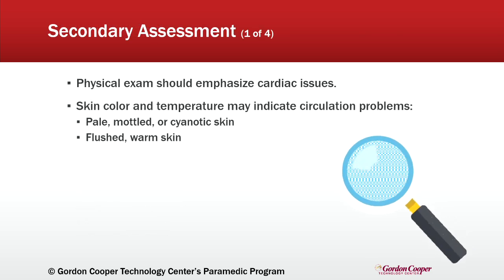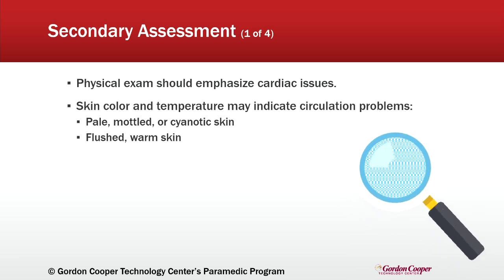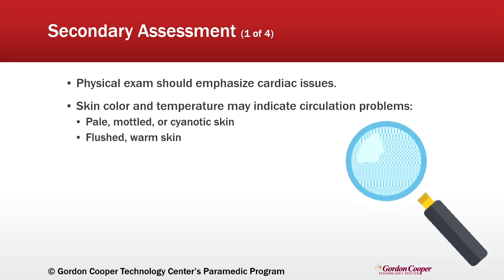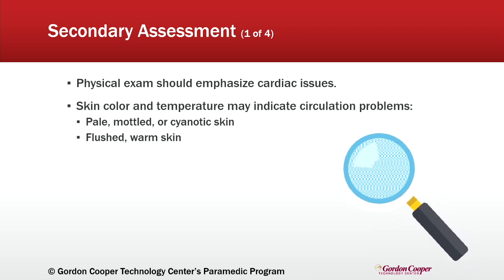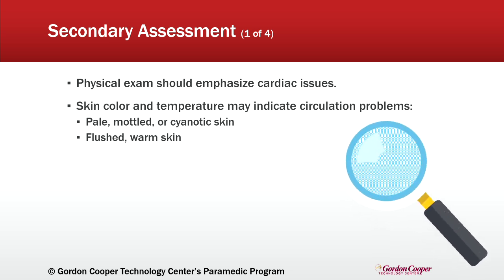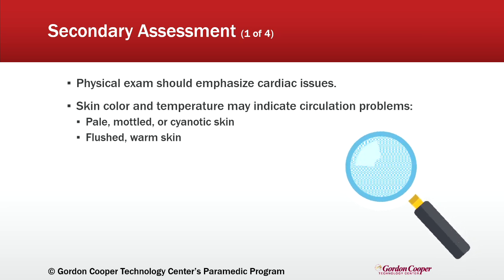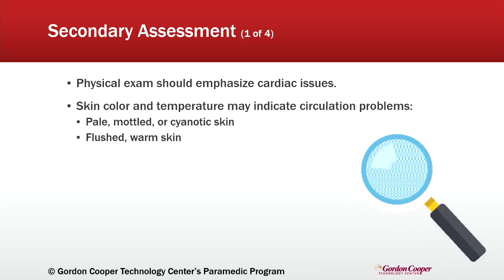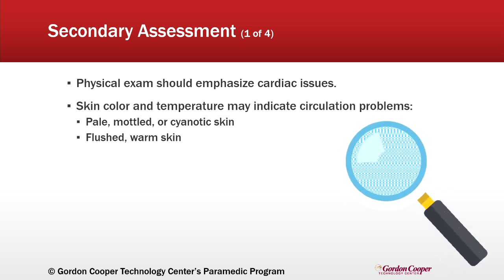Now, when you're conducting that secondary assessment for a patient with cardiac complaints, it's essential to focus on specific signs and symptoms that may indicate the severity of their condition. So what we're talking about is that physical examination. It should be tailored to assess the cardiac system thoroughly. So this includes evaluating vital signs, heart sounds, checking for signs of heart failure or other cardiac issues.